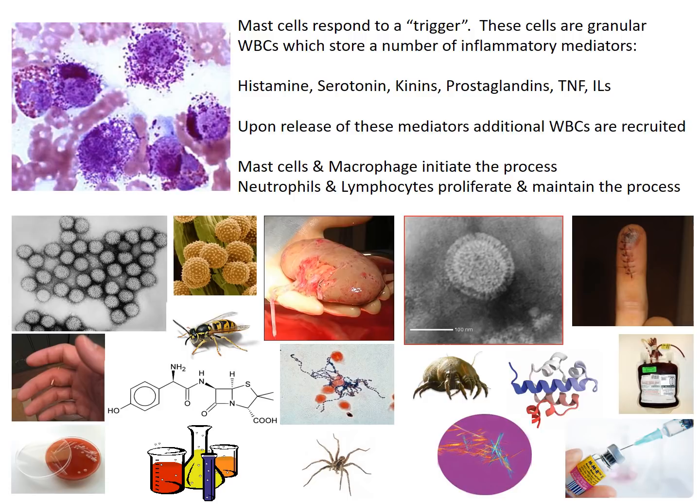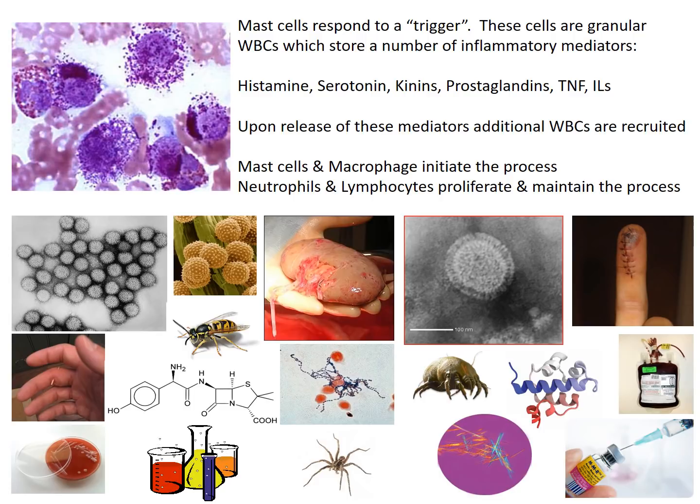Now, all these pictures on the bottom show you a lot of different triggers: viruses, allergens, trauma, blood products, insects, infectious organisms, wood splinters, bacteria, irritants, spider venom, bee venom, proteins found in vaccines.